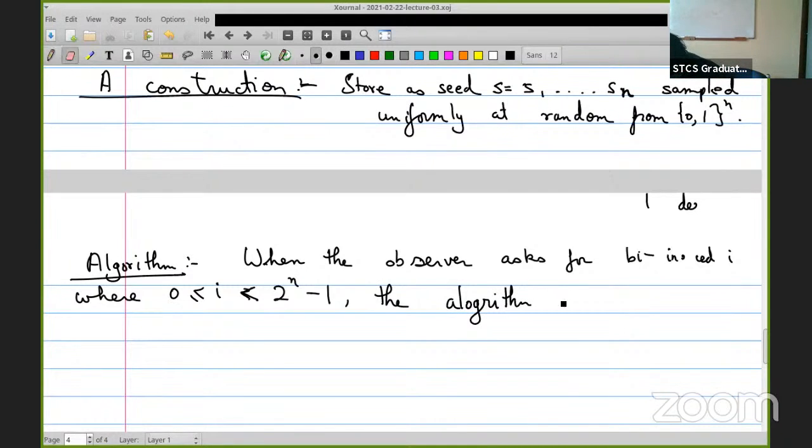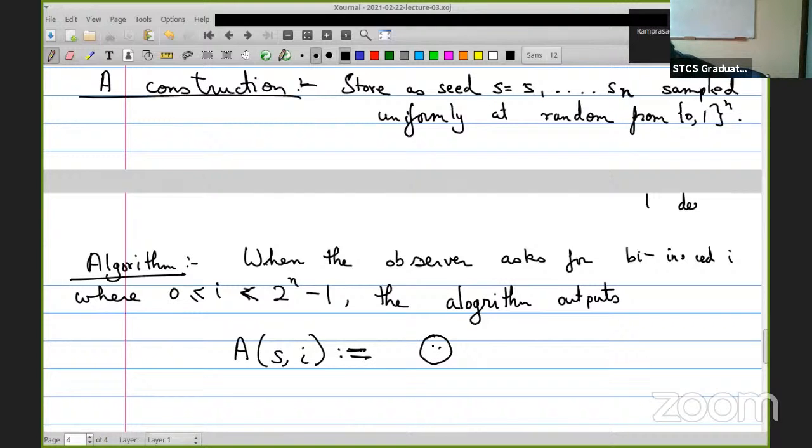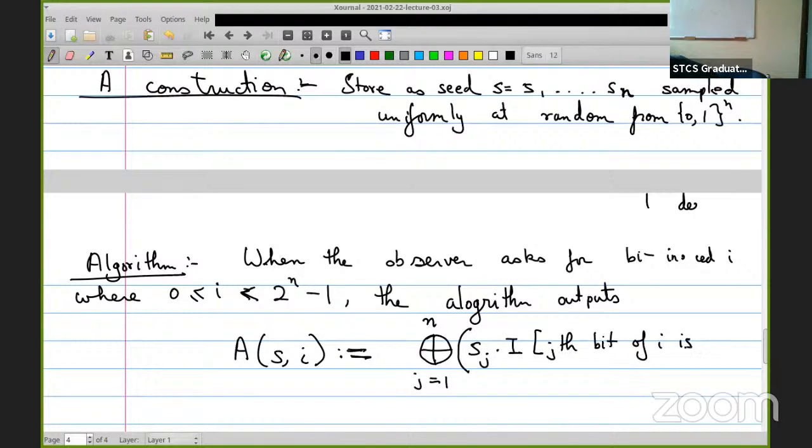It outputs a_I, which is defined as the XOR of the bits a_j, with j going from 1 to n, of s_j times the indicator of whether the jth bit of I is 1.